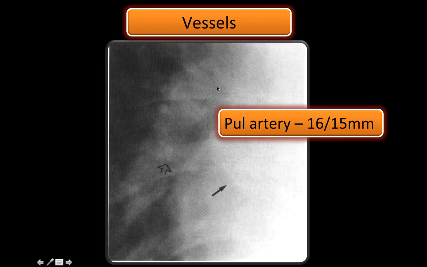That means one segment is going upwards, one segment is going downwards. So from the hilar angle, if you measure 1 centimeter or 2 centimeters, as far as I can remember it could be 2 centimeters, I'm not sure, but not more than 2 centimeters, here you will measure the distance of the pulmonary arteries, and it will be 15 or 16 millimeters.